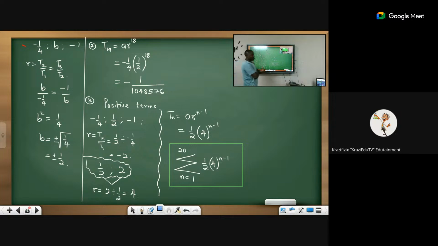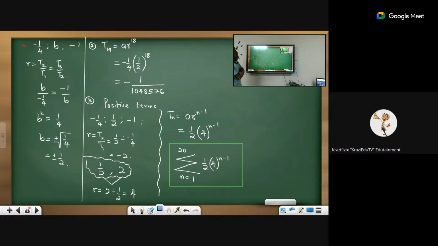Positive terms, so we need to extract your positive terms out of the entire sequence. Our positive terms are your T2, your T4. So we follow the same order of sigma Tn, n equals the first position to the last position. Boom. Done. Yes, the same rules apply for both arithmetic and geometric.